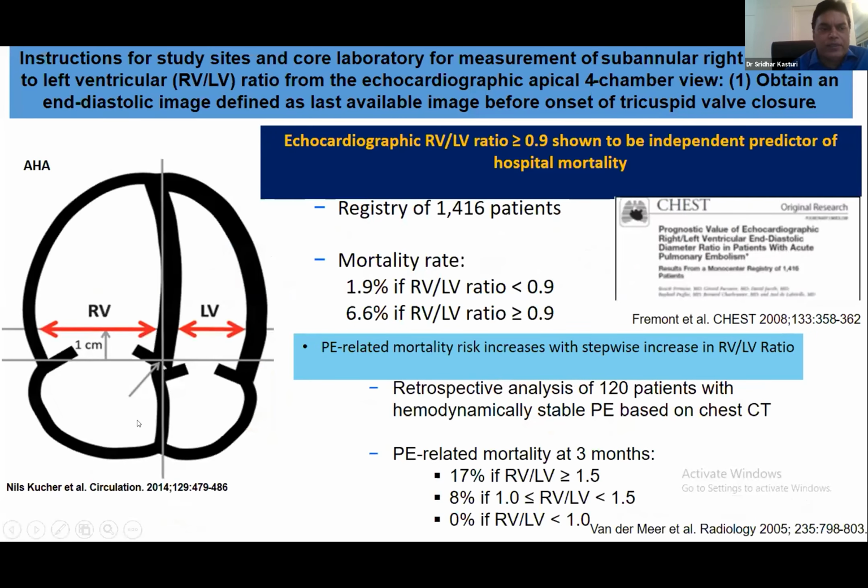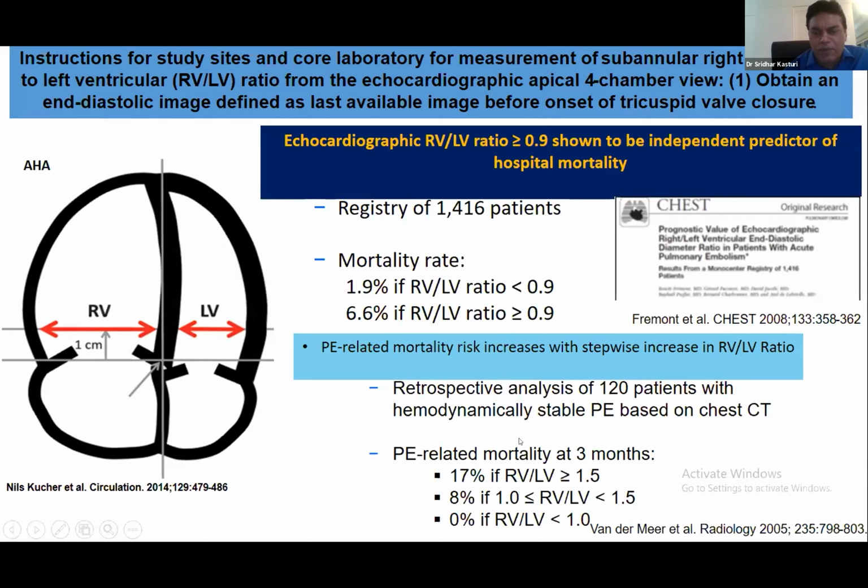So how to measure the LV-RV ratio? This is a very, very important point. An RV-LV ratio more than 0.9 was shown to be an independent risk factor for hospital mortality. They studied 1,416 patients. So the mortality rate, if the ratio is less than 0.9, that means usually LV is big compared to RV, is 1.9, versus 6.6 when the RV-LV ratio is more than 0.9.